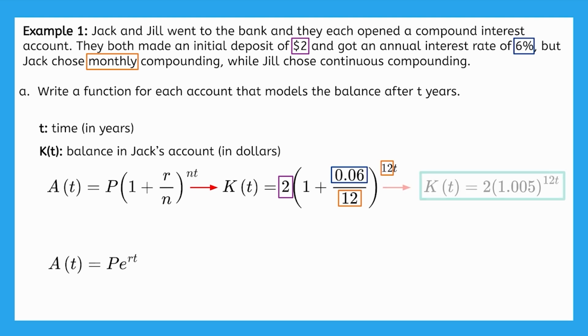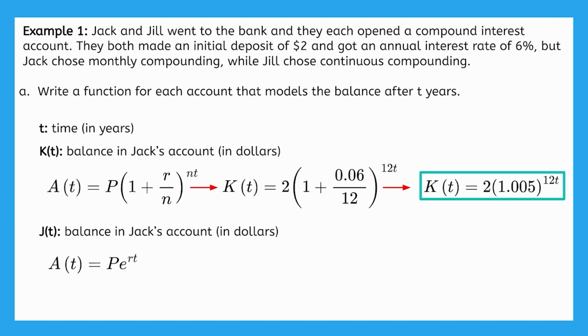Simplifying this formula, we get K of t equals 2 times 1.005 to the power of 12t. For Jill's account, let's call the balance J of t. Her interest is compounding continuously, so we use the formula for continuous compounding. We again have P equals 2 and r equals 0.06, so we get that J of t equals 2e to the 0.06t.